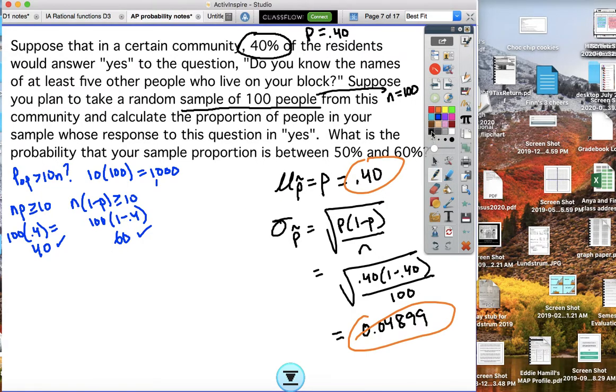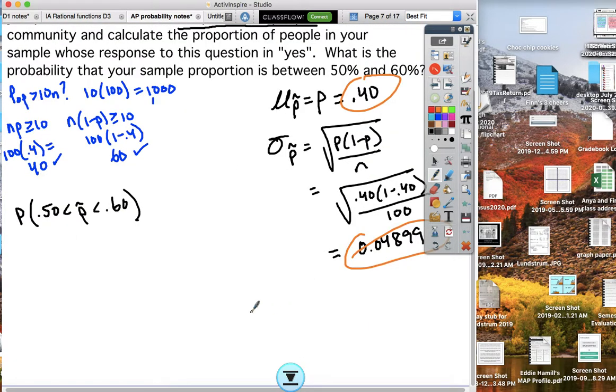Now, the ultimate thing we're trying to find is what is the probability that your sample proportion is between 50% and 60%. So in symbols, here's what it would look like. So I'm trying to find the probability my sample proportion is between 50 and 60%. I'm going to need 2 z-scores for that. One when we're dealing with 0.50, subtract my mean of 0.40, divide by our standard deviation of 0.04899.